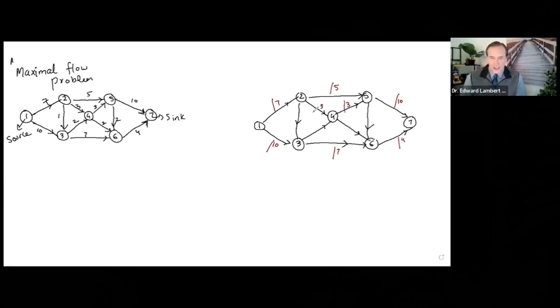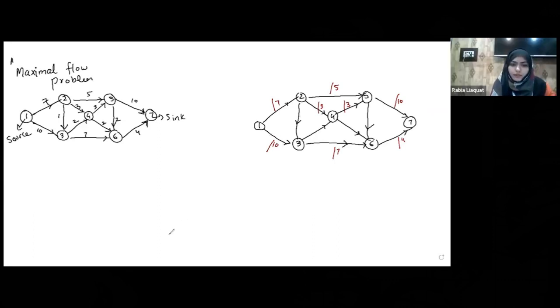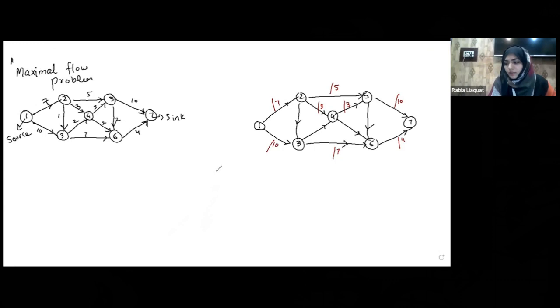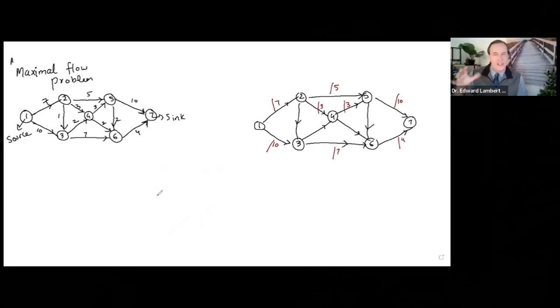Rabia, there is a question in chat. Can I ask you? Yes, please. It's from Rosendo. What is the best practice to stabilize the order of each number? Yes, kindly repeat your question. What is the best way to stabilize the order of each number?